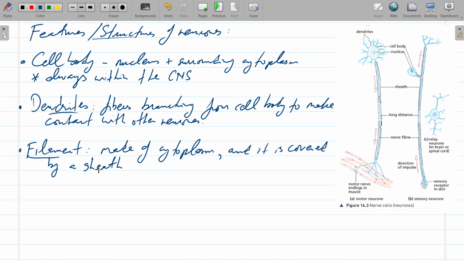Yes, the long, thin, thread-like part. The filament is also called the nerve fiber, as you can see in the illustration.